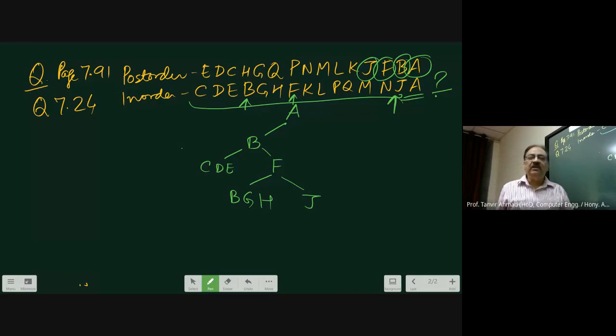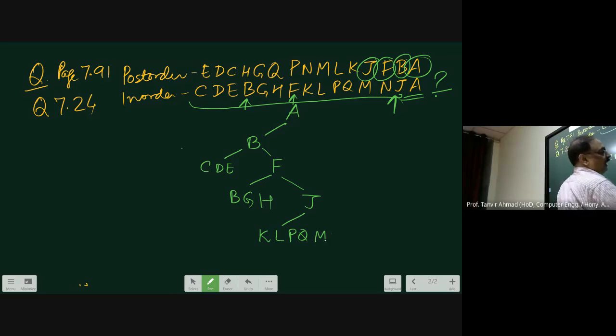There is nothing in the right of J. That is, all these values K, L, P, Q, M, N will all come in the left of J, and there is no right of J.